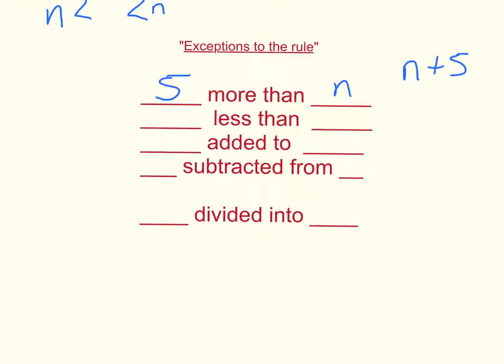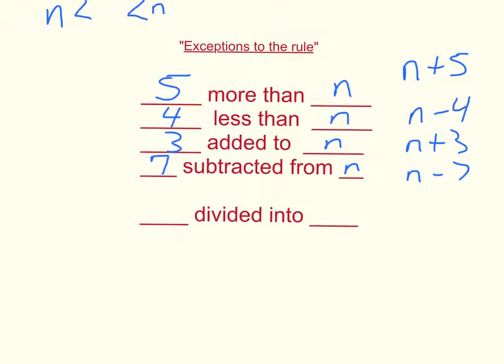If I did 4 less than the random number, I'm going to start with my random number, and if I'm doing 4 less, I've got to minus 4. If I do 3 added to the random number, it means that I'm starting with the random number and adding 3. 7 subtracted from the random number, I'm going to take the random number and subtract 7.